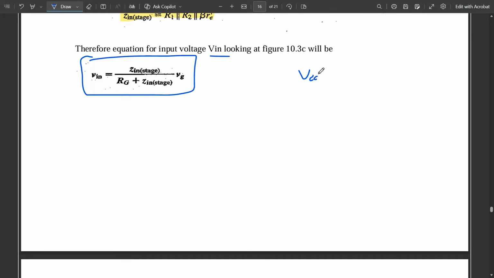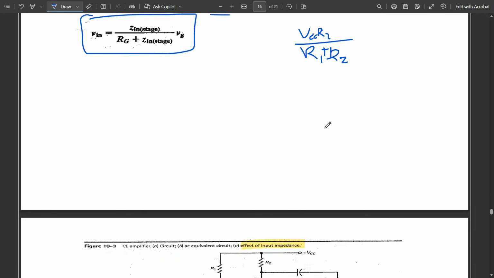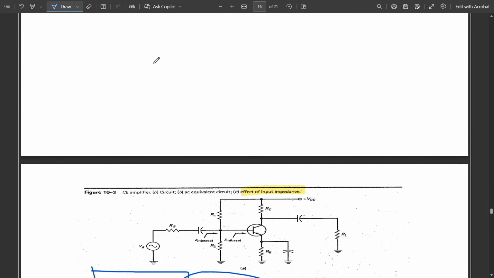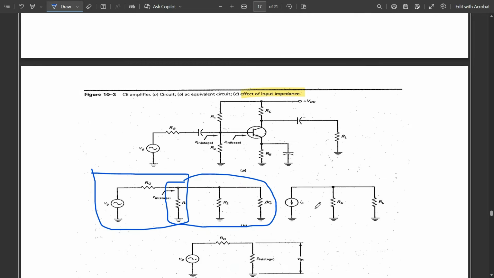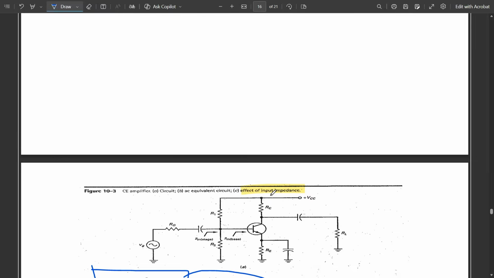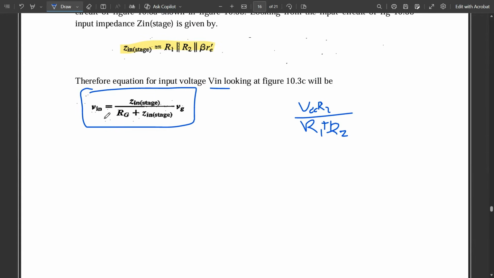VCC R2 divided by R1 plus R2. You have heard this equation somewhere, right? This equation and the equation which is written here are somewhat equal to each other. So here, in place of VCC we have VG, and the resistance here is Z in stage divided by Rg, which is the resistance with respect to this voltage source, and Z in stage, they are kept in series, so that's why they are added up.